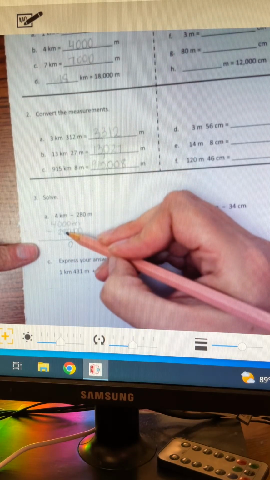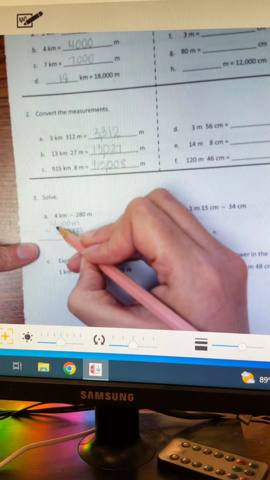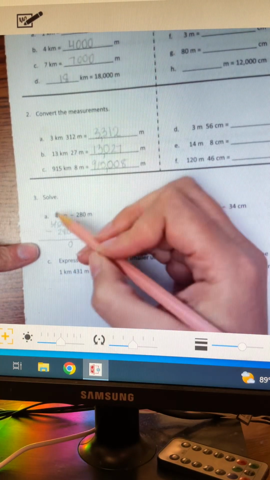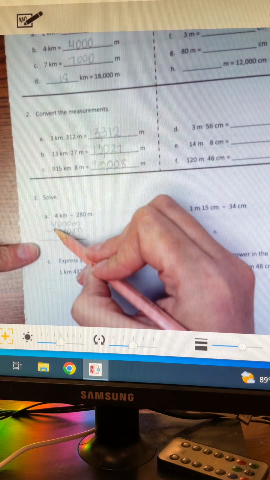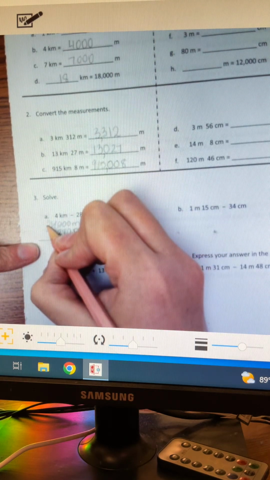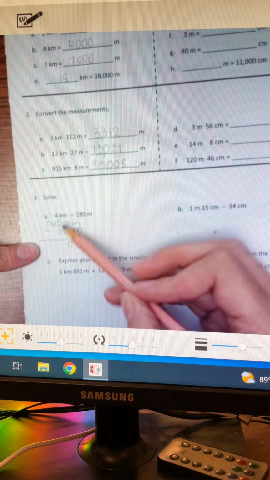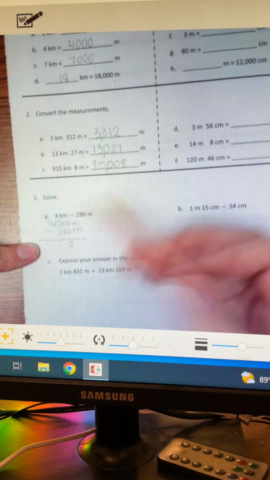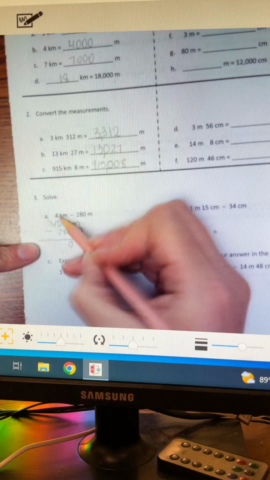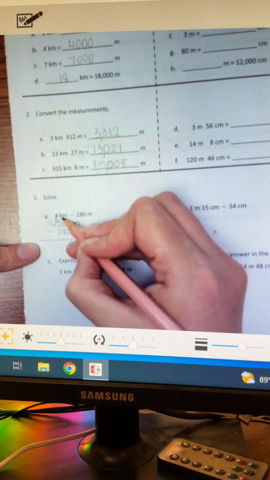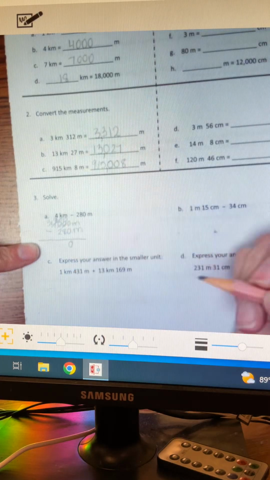If I have 0, can I take 8 away? Nope, so we've got to go next door. But there's nothing there, so we have to go next door again. The 4 in the thousands place will be changed to a 3. Now in our hundreds place, we have a 10. Now that there's a 10 in the hundreds place, we can finally share next door, so that 10 changes to a 9, and our tens place will become 10.